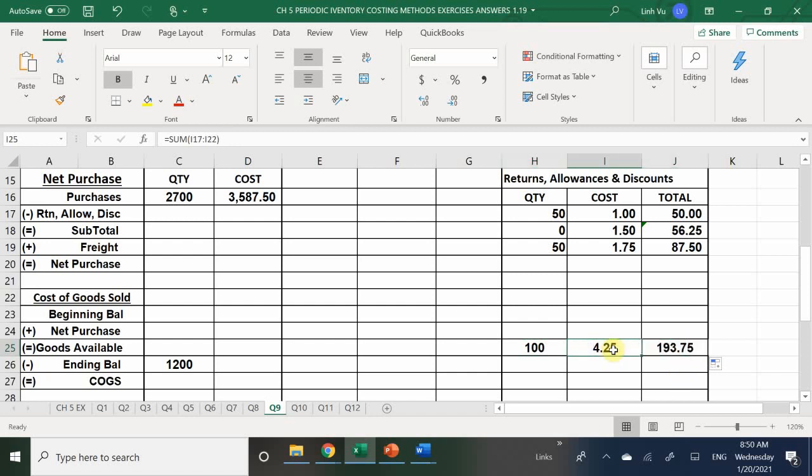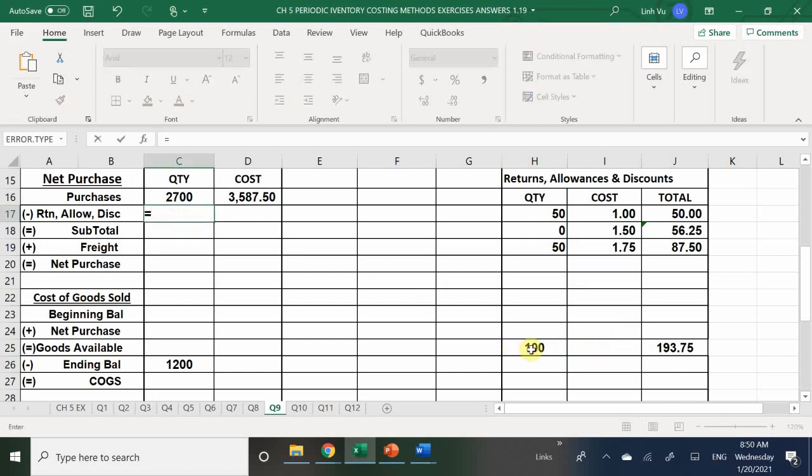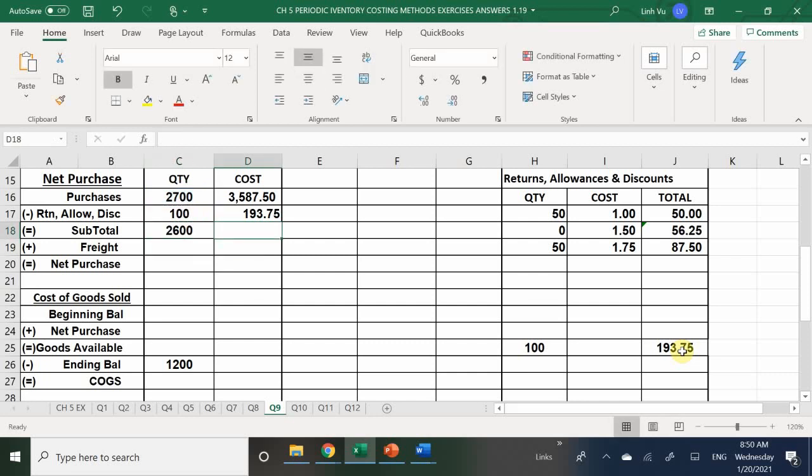Okay, good. So here we returned 100 items, and it was for $193.75. Okay, so let's bring down what our subtotal is going to be if we're getting rid of those 100 items. And how much is my subtotal now?